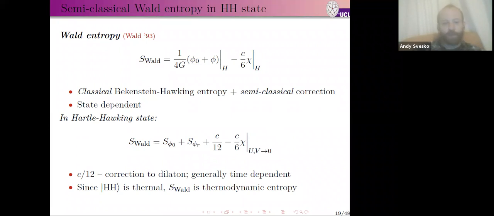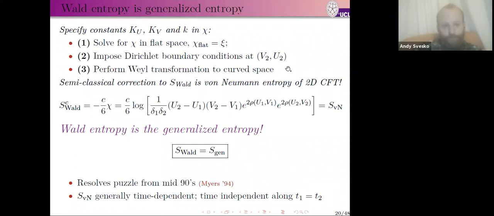As mentioned before, if you specify the integration constants Ku, Kv, and K in chi, which you can do using these three criteria, you can show that the semi-classical correction to the Wald entropy is exactly equal to a von Neumann entropy of a two-dimensional CFT in the vacuum state, reduced to an interval in your curved background.